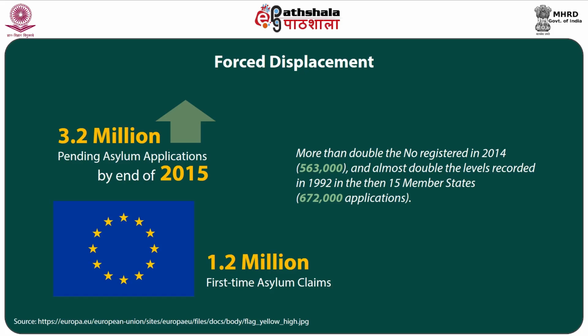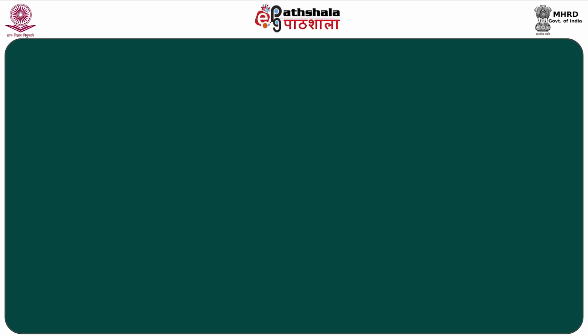This is more than double the number registered in 2014 and almost double the levels recorded in 1992 in the then 15 member states. The increase in 2015 is largely because of the higher number of asylum claims from Syrians, Afghans and Iraqis.